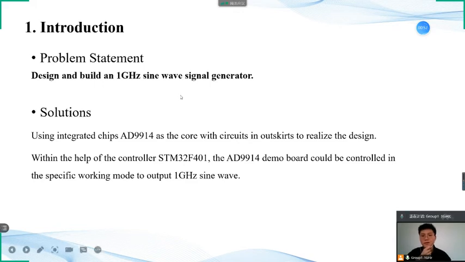Sine wave circuit is widely used, and high-frequency signal synthesis technology is developing rapidly. So this topic is meaningful. After talking with our professor, we decided to apply the combination of PLL and DDS. The proposed solution is also conveyed in this slide.